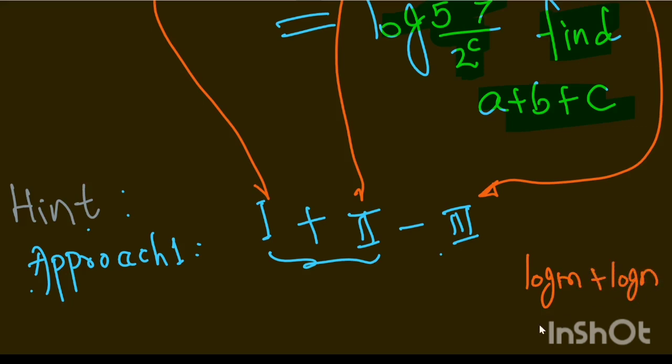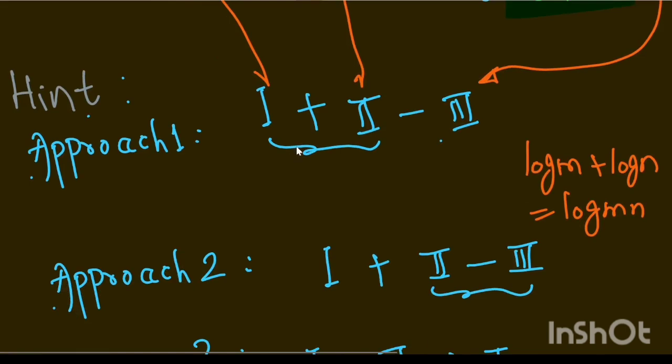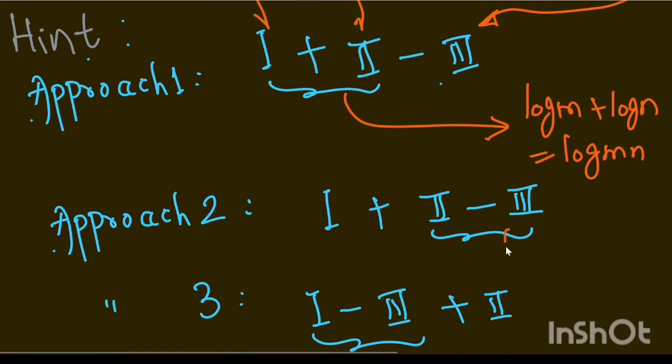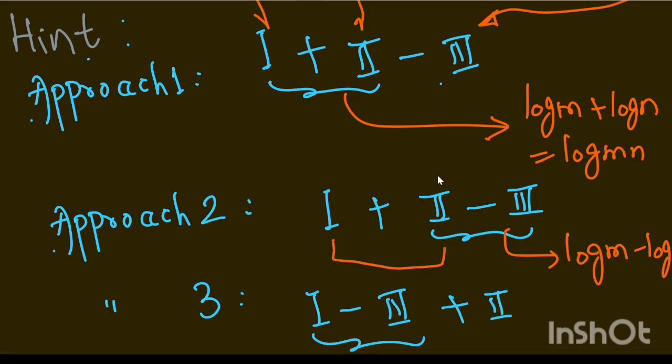That is also to be used in this question, apart from log m minus log n, which we derived just now. So the first approach is we will use log m plus log n in these two, or in the second approach we will use log m minus log n in the second and third, and then in the first, and whatever we get we will use log m plus log n.